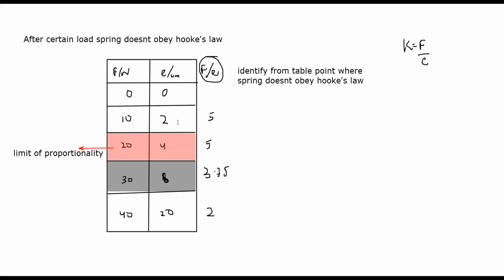The last point where the spring was obeying Hooke's law, the point before that, is called the limit of proportionality. After that, the spring does not obey Hooke's law.